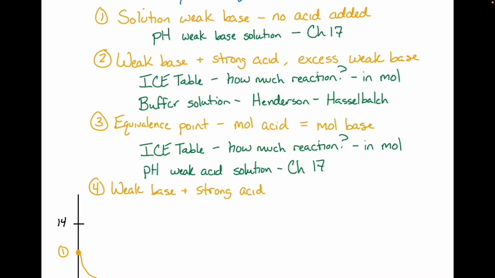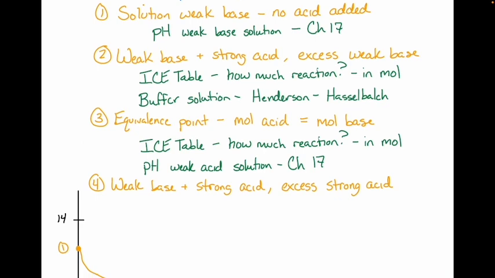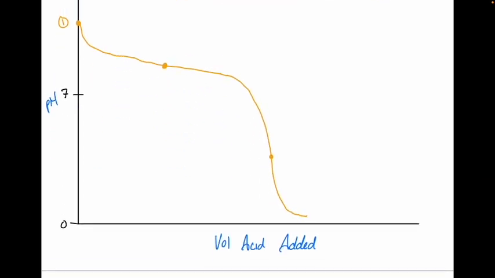So at this point, what I'm left with is an excess of that strong acid. Because of that, I know my pH is going to be somewhere way down here in this really low pH region, because all I have is a flask full of strong acid.